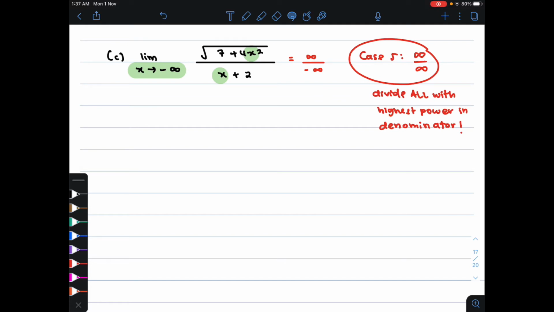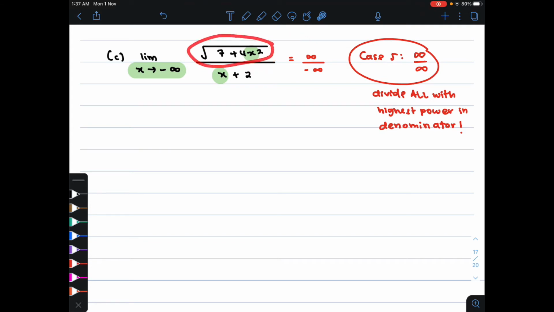So we need to divide everything in this function with the highest power in the denominator. If you look in the denominator, the highest power is x. So that is easy. But how do you divide the numerator with x, since we have the square root here?